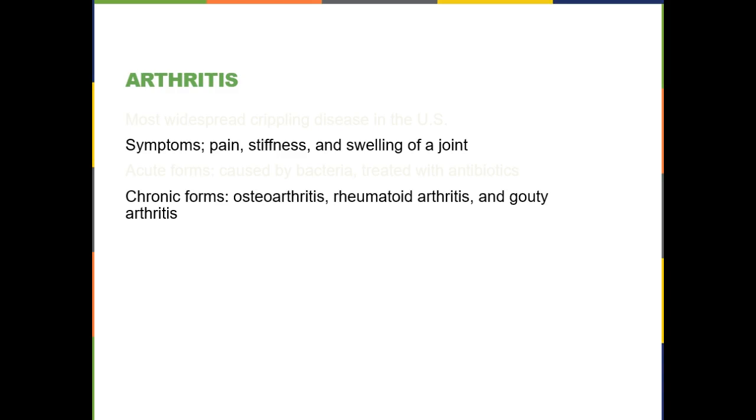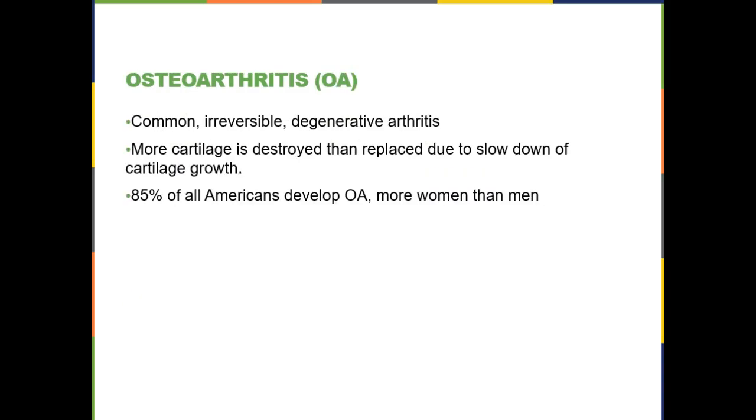Let's see, arthritis. Arthritis sucks because it's painful and you get stiffness and swelling in your joints. We are going to go over 3 different types of arthritis: osteoarthritis, rheumatoid arthritis, and gout. First up is osteoarthritis. This is, as it says here, the most common form of arthritis. It is a degenerative disease, so it is not something that generally gets better.